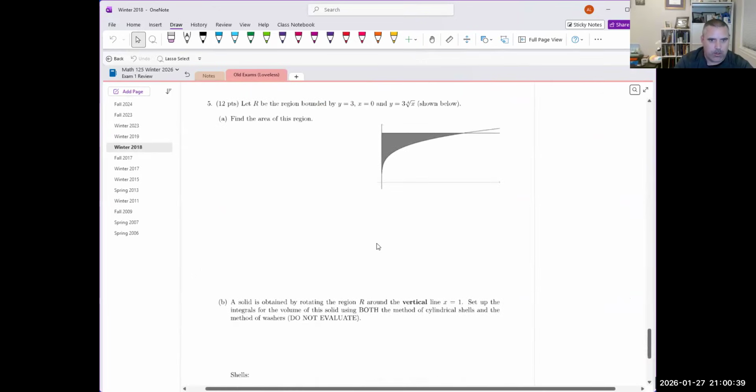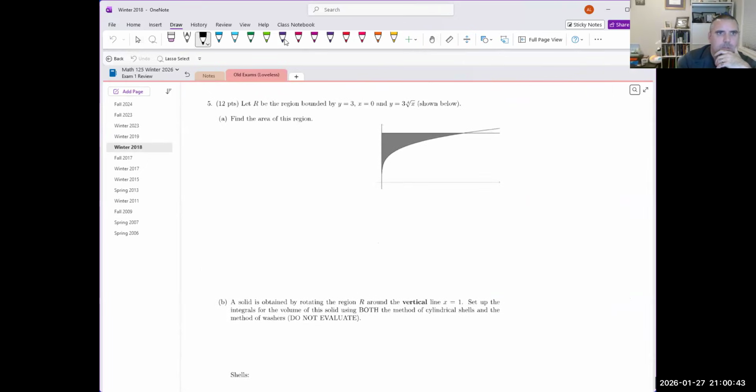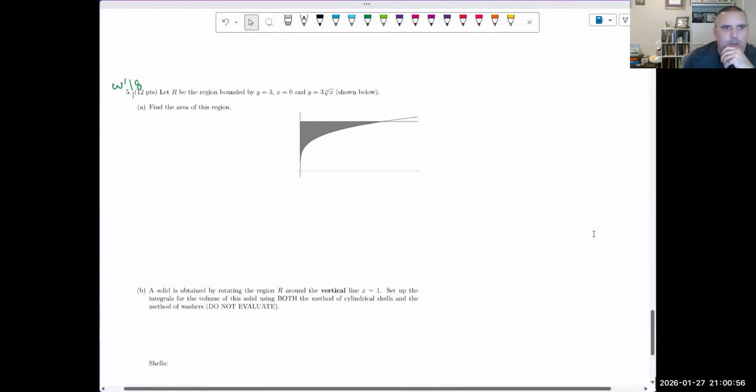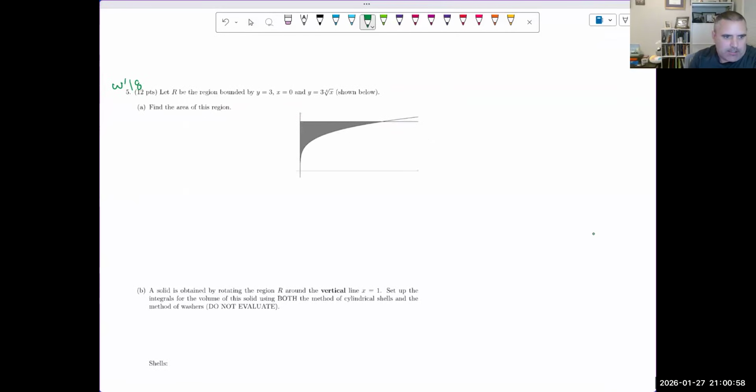Let's rotate around the line x equals 1. So this is winter 18. Apologies that I jumped past that, but I want us to immediately look at another one. So I would like you to take this, forget the thing where it says shells. Assume that I tell you this is 1.